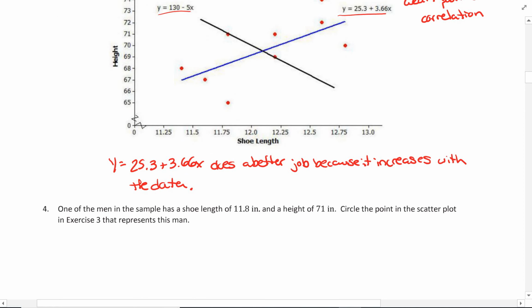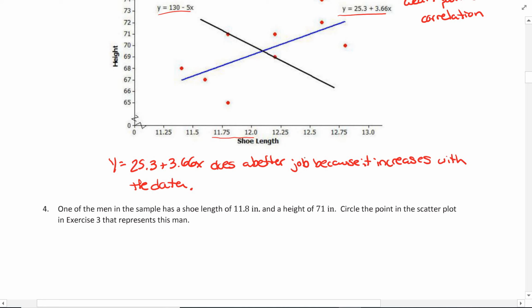It says one of the men in the sample has a shoe length of 11.8 and a height of 71. Circle the point in the scatter plot in exercise 3 that represents this man. So again, we're trying to figure out a shoe length of 11.8 inches and a height of 71. It has to be between those two, and it looks like I have two coordinates in that area.